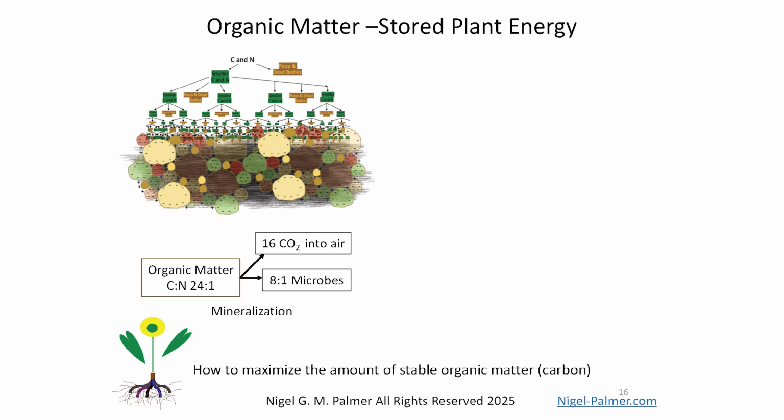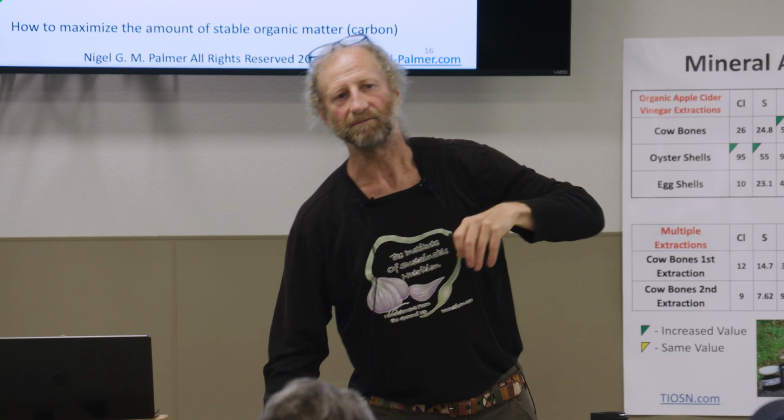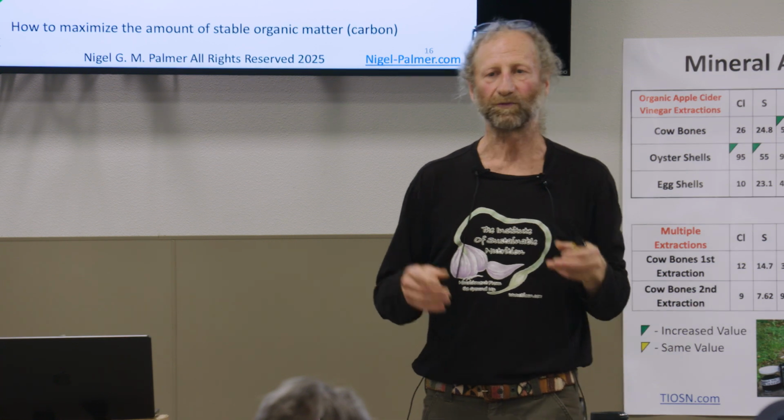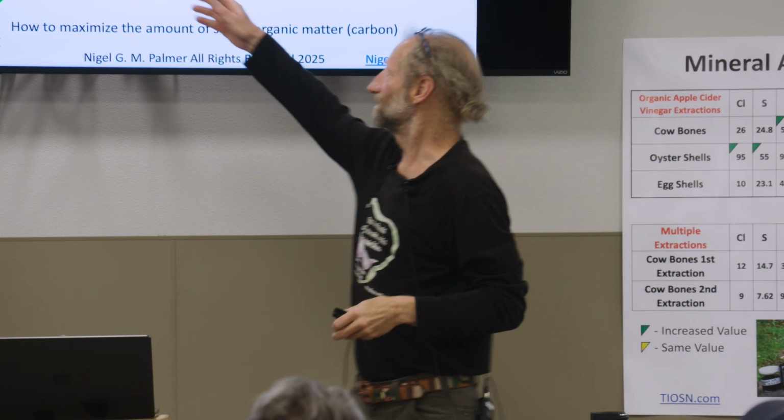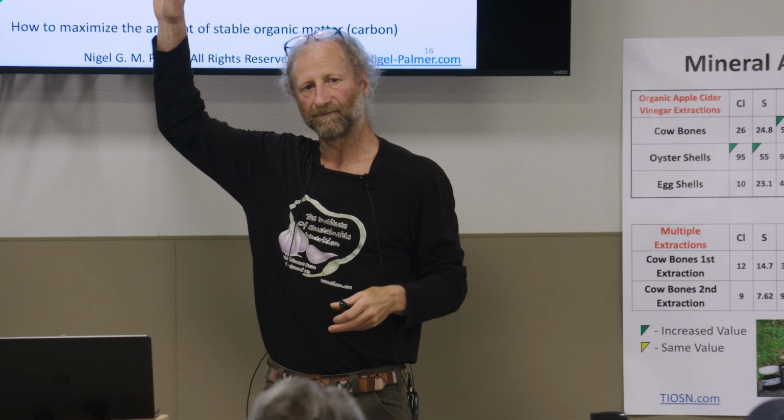But in the process of doing so, 16 parts of those carbon go out into the atmosphere as carbon dioxide. We're losing a tremendous amount of carbon into the air. And so it quickly became clear to me that managing my compost pile was really important to limit the amount that goes into the air.